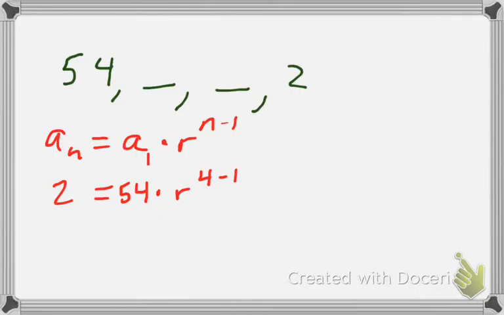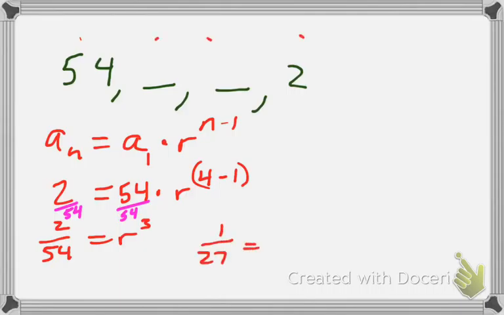Now what we have to do is solve for r. Well, 4 minus 1 is 3. And if I divide the 54 to the other side, I get 2 54ths. Just doing my algebra work, getting the r by itself. 2 54ths is 1/27.